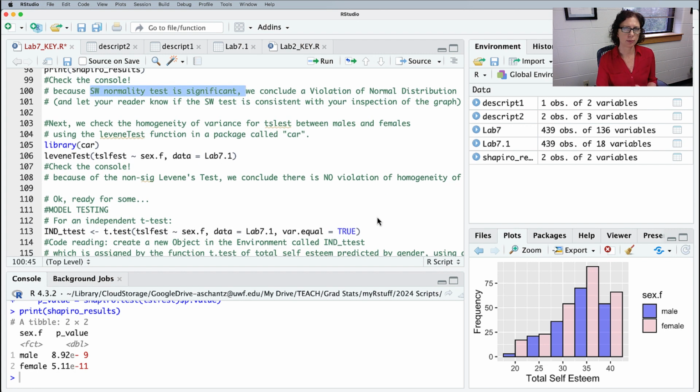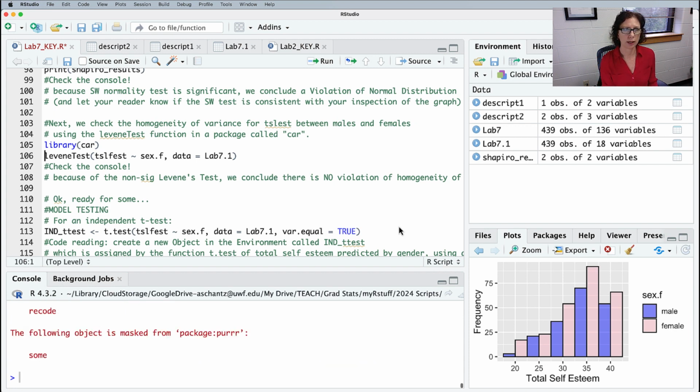With a t-test, especially independent t-test here, we want to check the homogeneity of variance for the outcome between those two groups. And for that, we're going to use Levene's test. We can find a good Levene's test in the package called car. So install and load car. And then the function is called leveneTest. Then we put the outcome, total self-esteem, predicted by the categorical variable.